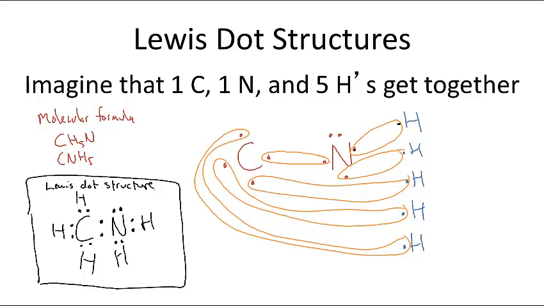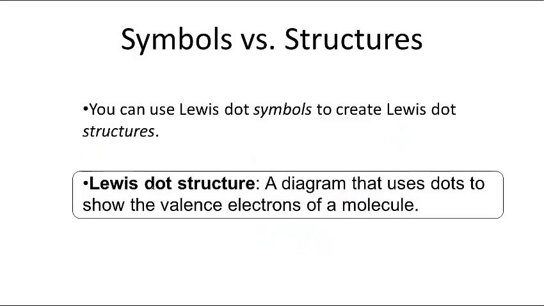Okay, so feel free to pause if you need to copy this down, rewind if you need to see it again. We're going to be going through it a little bit more. Okay, so symbols versus structures. You can actually use the Lewis dot symbols to create Lewis dot structures. So like we did there with the carbon, the nitrogen, and the hydrogen, we put them together to build a molecule.